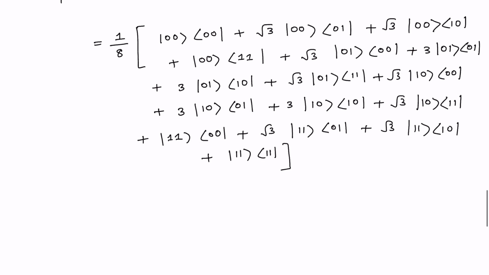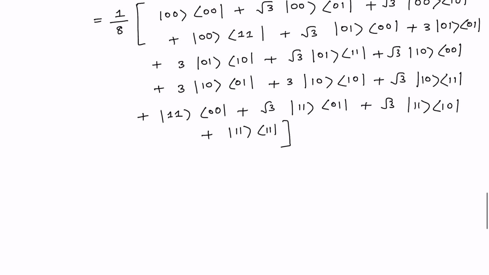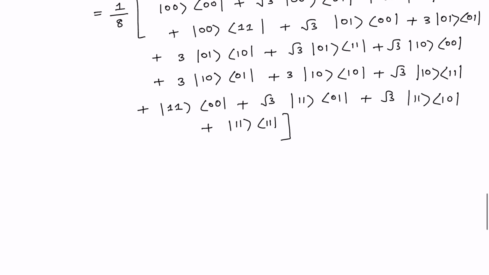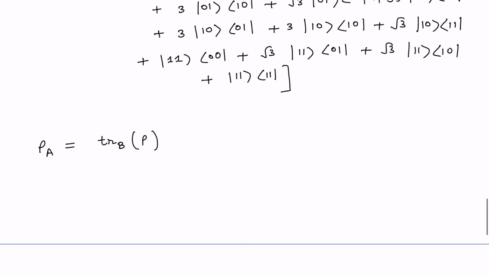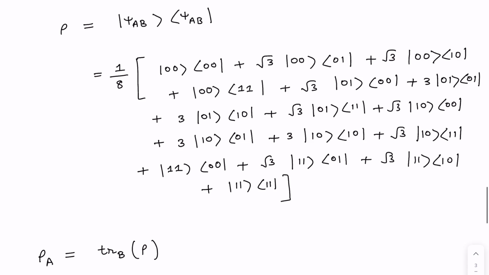Now to find the density matrix for subsystem A, we need to trace out B, and as you have already learned how to do that in the previous problem, let me write it quickly. So I have now rho A, the density operator for subsystem A. I have to trace out B, so I have to take the trace over subsystem B. This is going to give me 1/8, and you can figure it out, it's very simple.